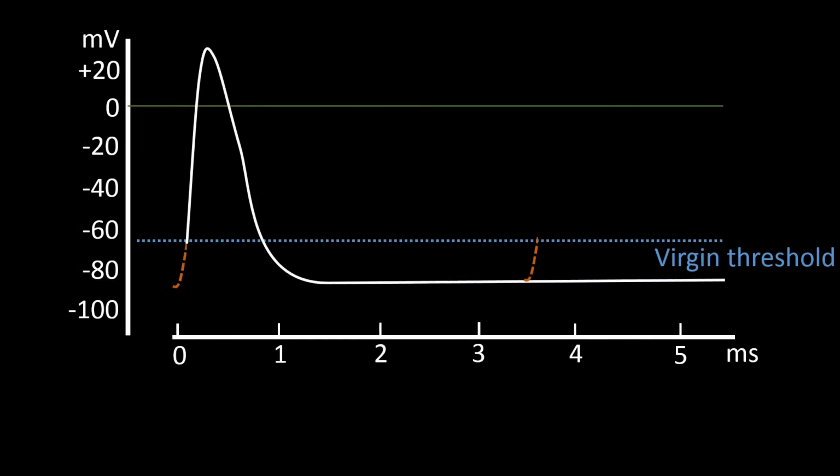During the 10th trial, after the initial stimulus, a second stimulus is given using an intensity similar to the stimulus that triggered the initial action potential, but doing so 3.5 milliseconds after the first stimulus was triggered. And so an action potential will occur with the same morphology as the one we saw with the first stimulation.